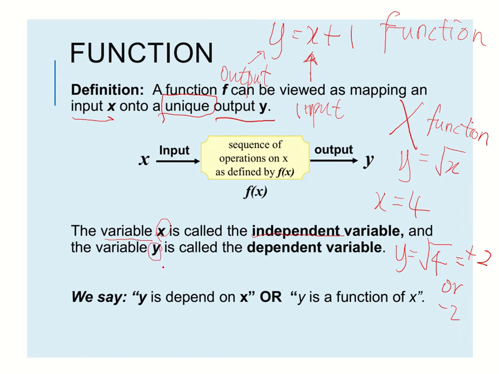Can we choose any value of y? No, because the value of y depends on x. So we call that the dependent variable. We say y depends on x, or y is a function of x.